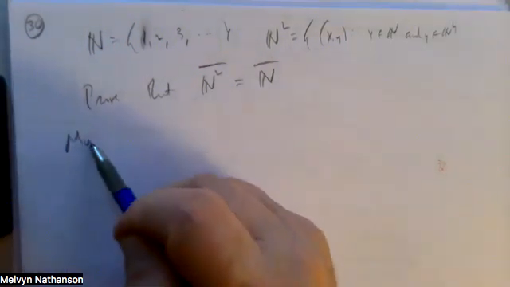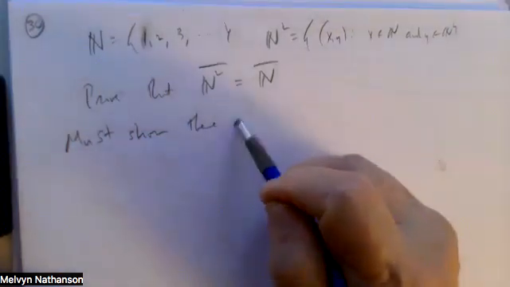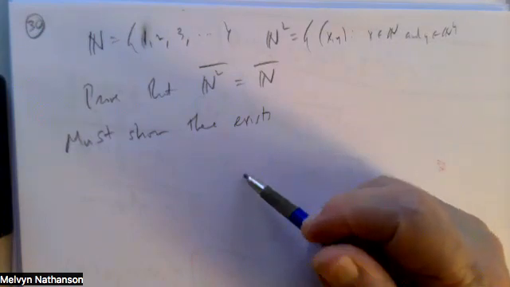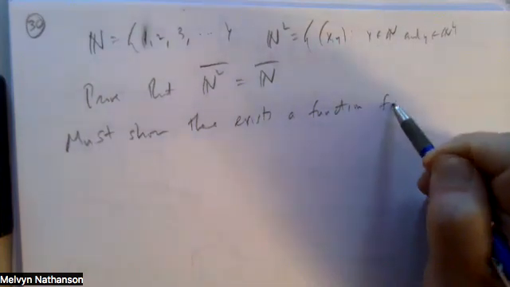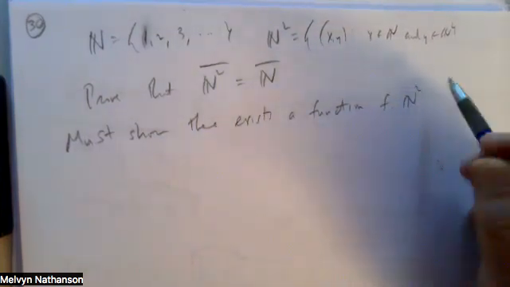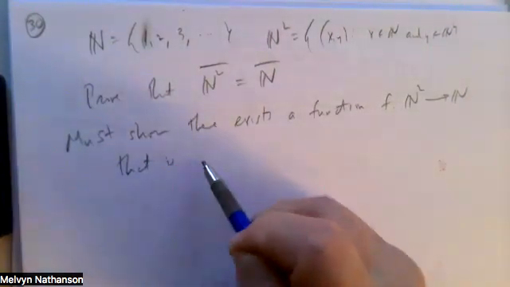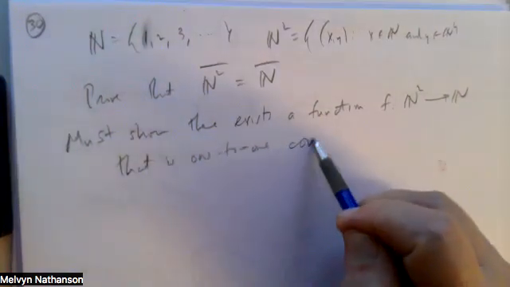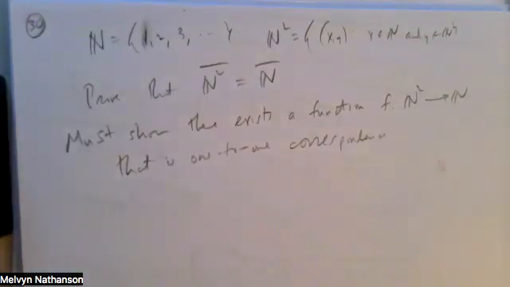So we must show there exists a function f from n squared to n that is a one-to-one correspondence. That means one-to-one and onto.